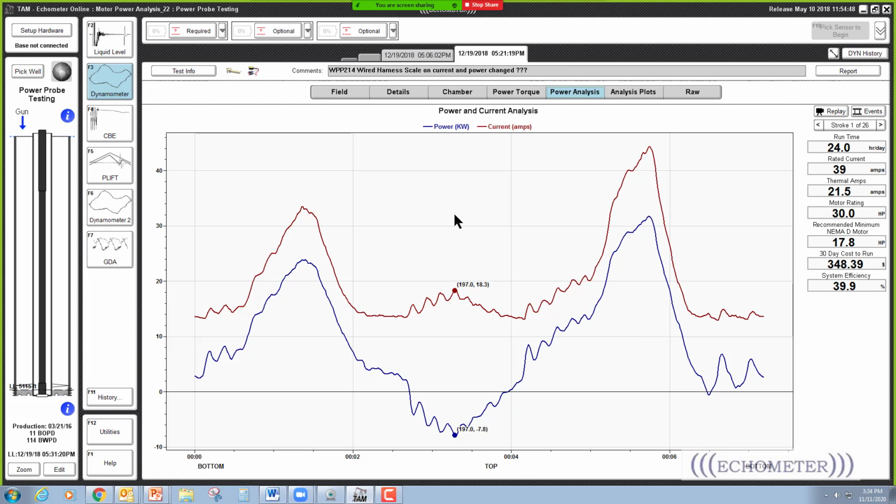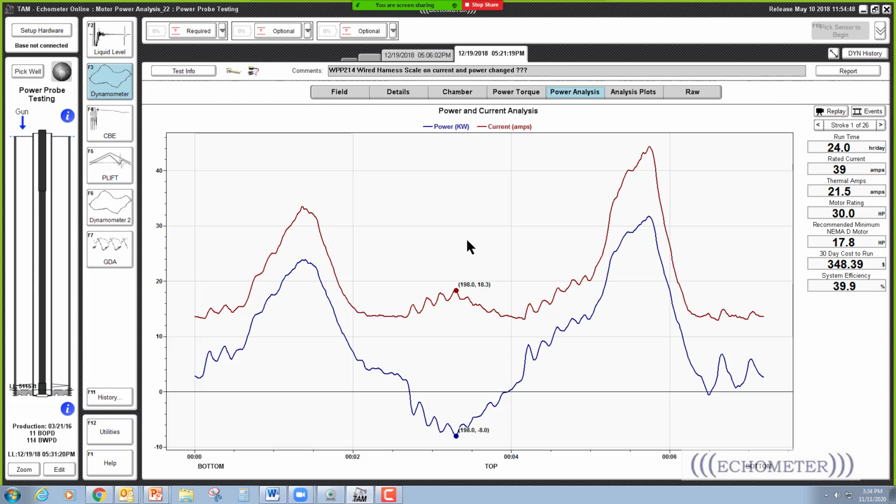Then if you see that on one you collect, you'll know what you don't have attached properly when you're acquiring the power data. Okay, so that's what this example shows.